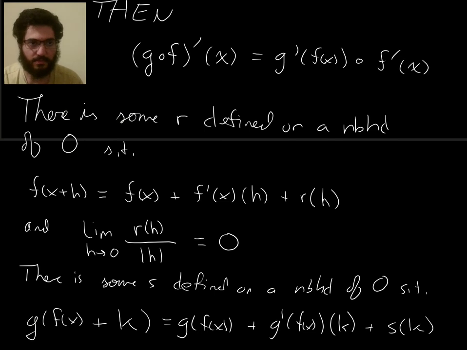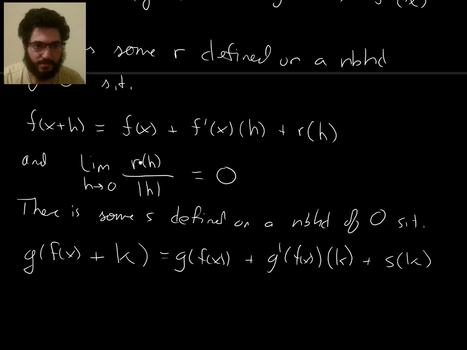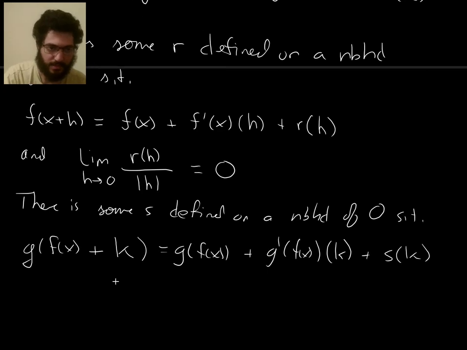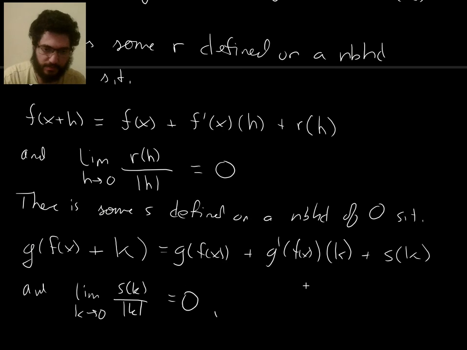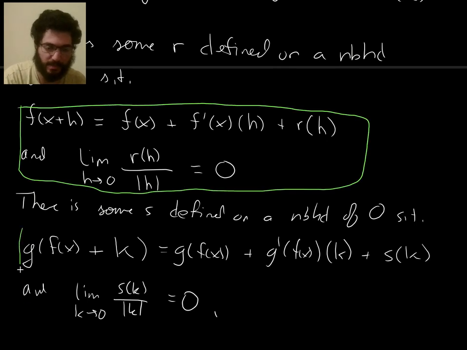And also the limit as k goes to 0 of s of k over norm k is 0. So these are the two facts, the same ones I stated last time.